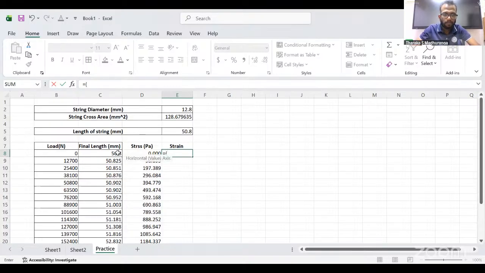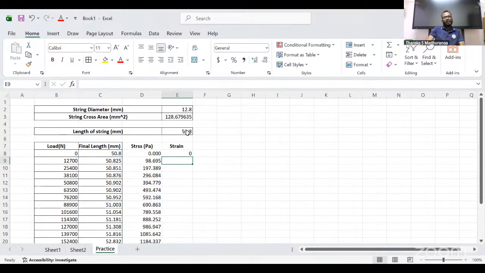Bracket, final length minus initial length. Yeah, this is the extension. Divide by the initial length. Again, divide by this one, initial. I got this. Then enter.